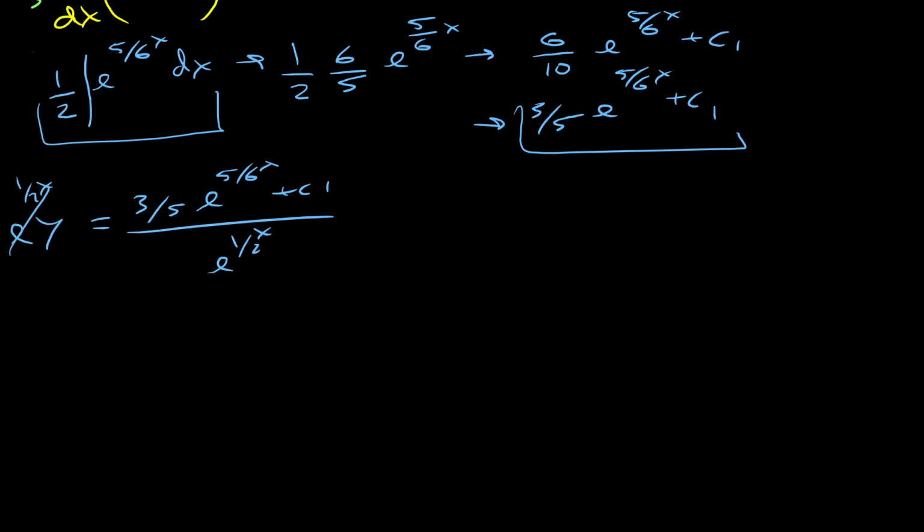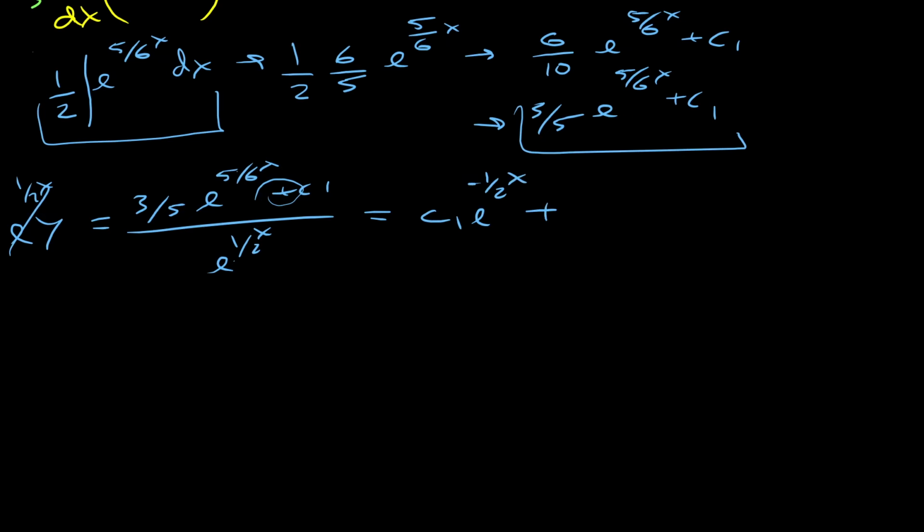If you notice, we have two terms here separated by a plus sign. We have c1, and because this one is positive, it can go up negative. So it's c1 e^(minus 1/2 x), and then plus, and then you have the same terms here and here.